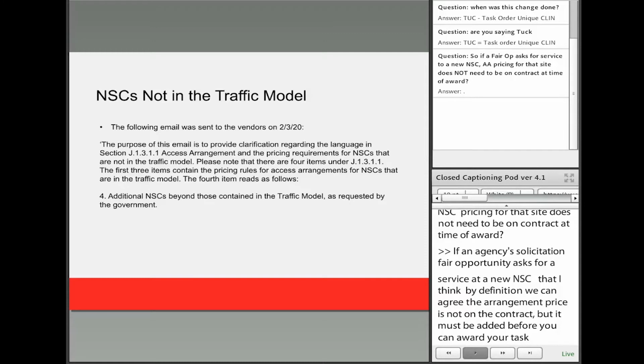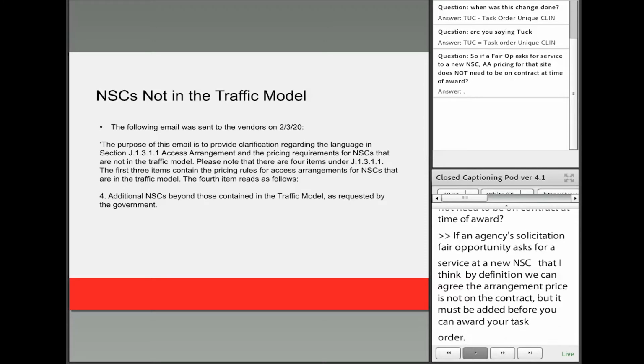So the answer is essentially the opposite of the end of the question. That AA pricing must be added to the contract before you can make your task order award.